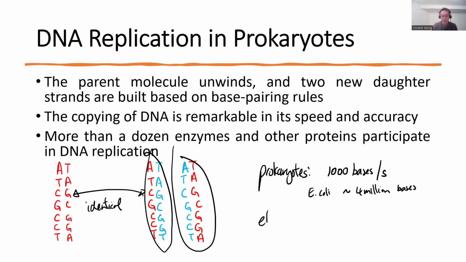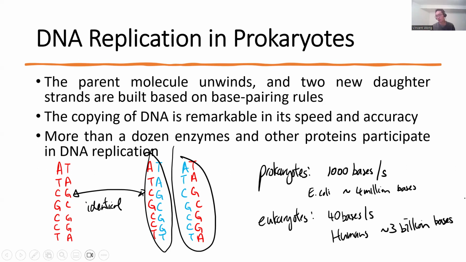For eukaryotes, that's us, humans, we are a little bit slower, but still quite fast, about 40 base pairs per second. And humans have approximately 3 billion bases, so a lot more to copy.